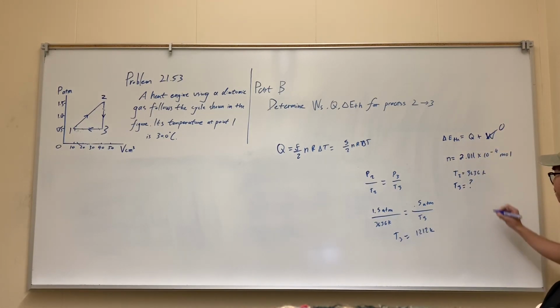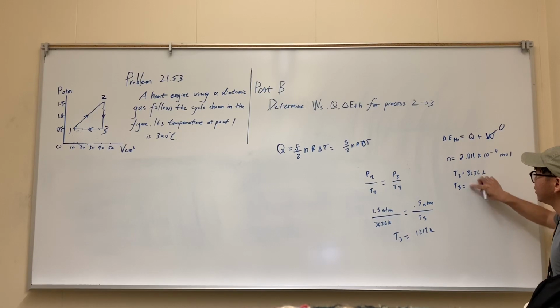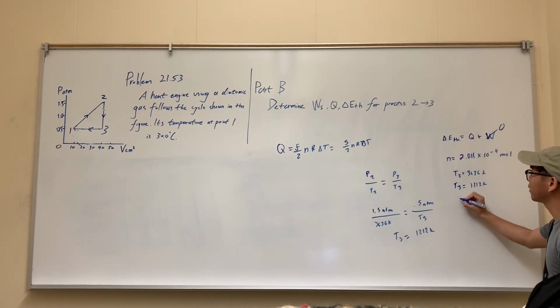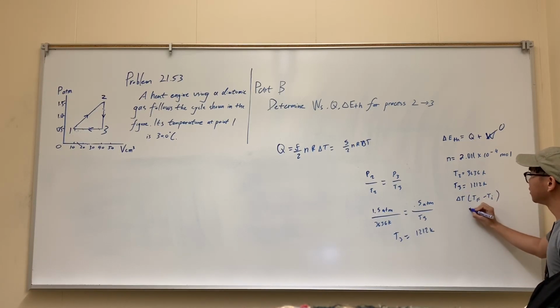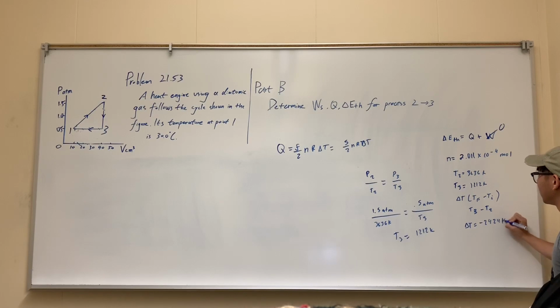And then since now we know that T3 is 1212 Kelvin, let's solve for delta T, which is just T final minus T initial. So in this case it would be T3 minus T2, which would end up giving delta T equals negative 2424 Kelvin.